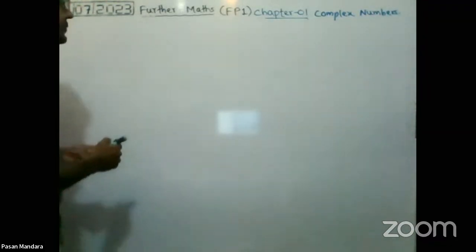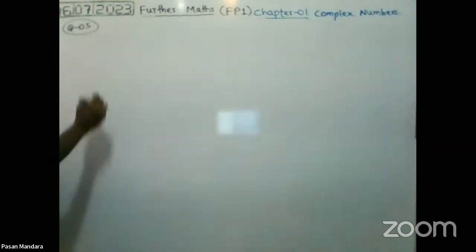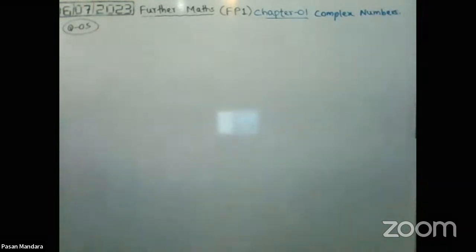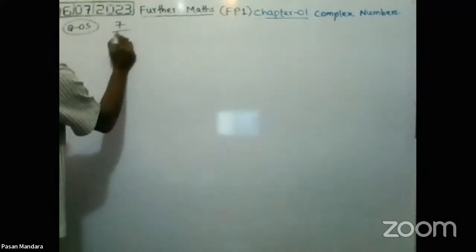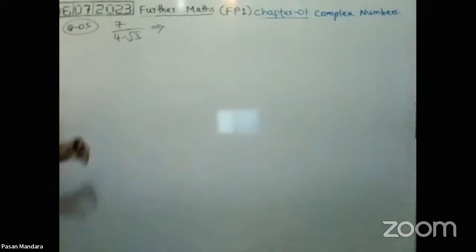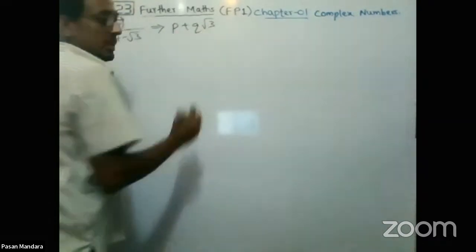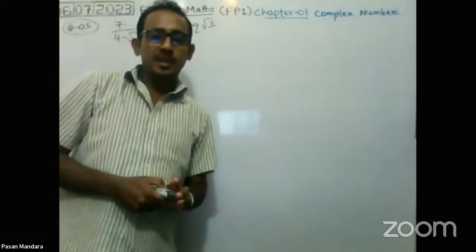Right. So if you found P and Q, you type, then I'll give another one.